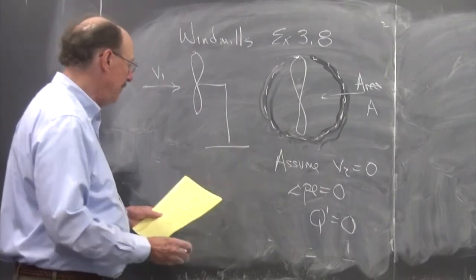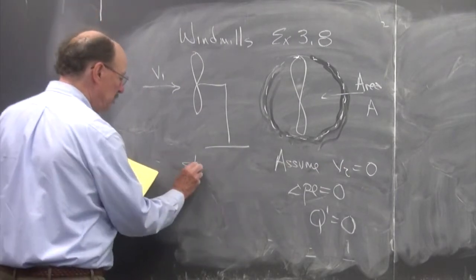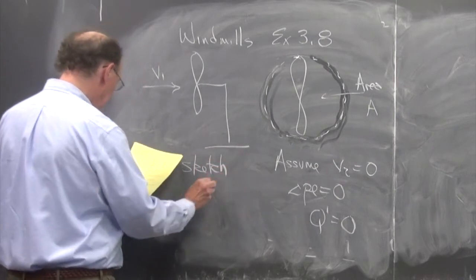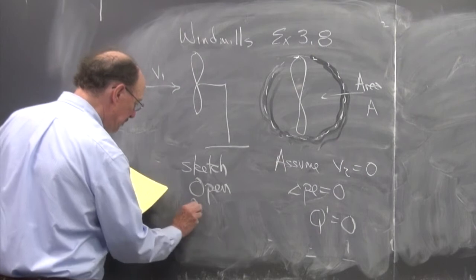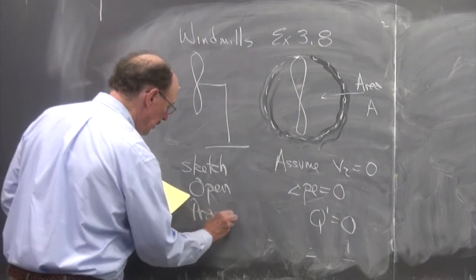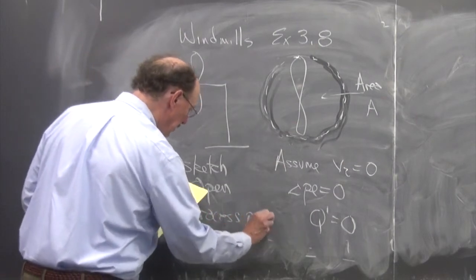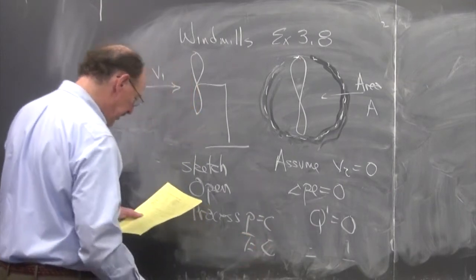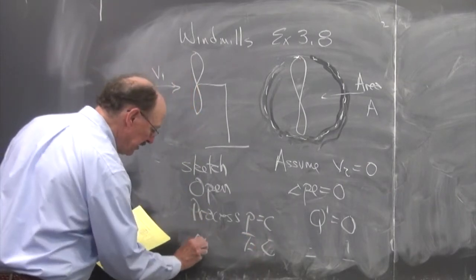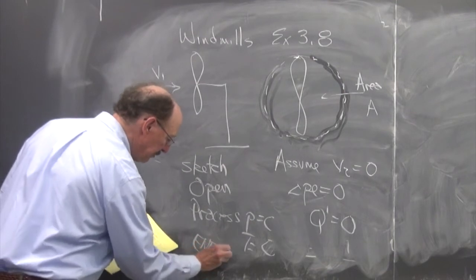So now we did a sketch. So we have the windmill. It's an open system. The process is P equals C, and it's also T equals C, and we'll talk about that. The temperature of the air doesn't change. And obviously there's energy, so we'll do a first law analysis.